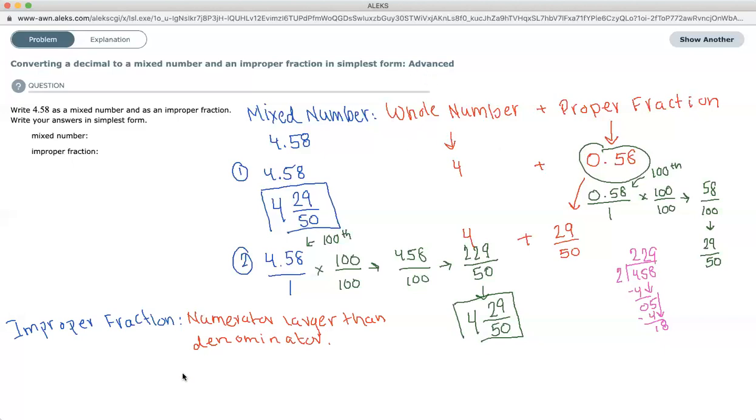Once we have the mixed number, getting the improper fraction becomes easier. But using the second method, we actually have the improper fraction.